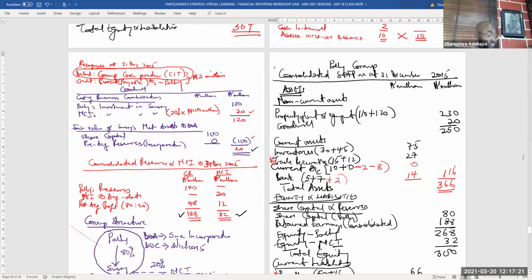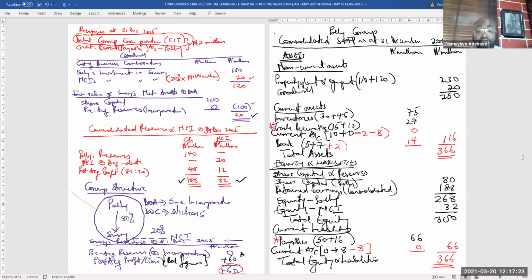This same process is what you are going to do if it's goods in transit, and I'm going to show you. But any question at this point?